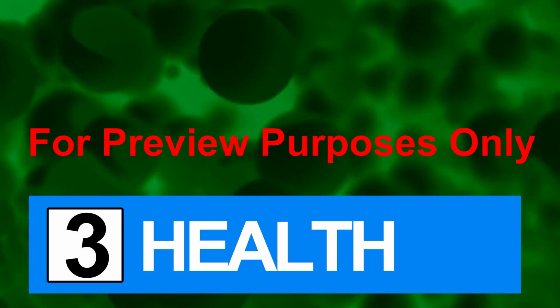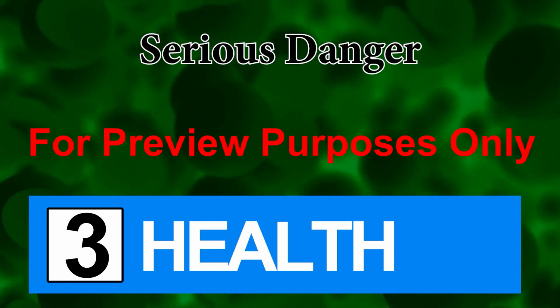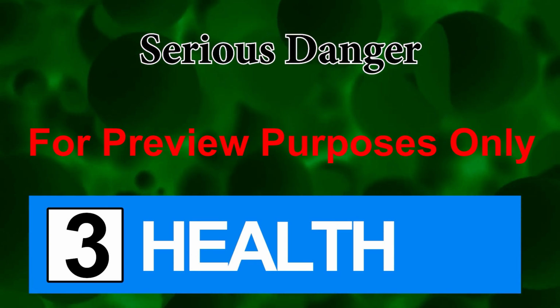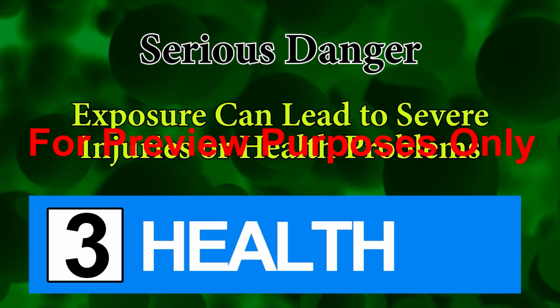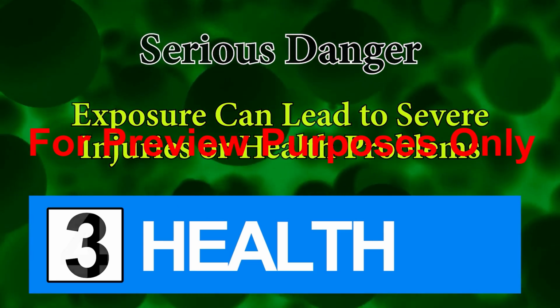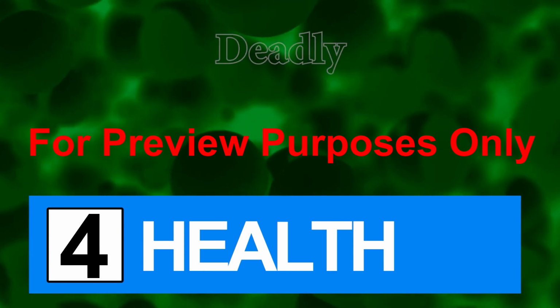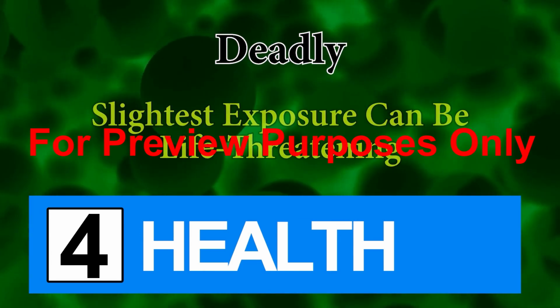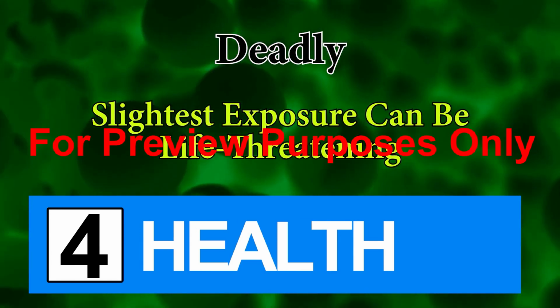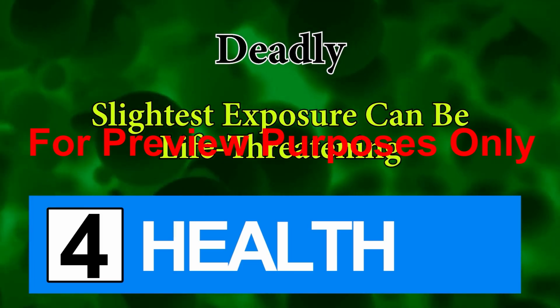You know a substance poses a serious danger when it is labeled with a 3. Being exposed to it could lead to severe injuries or health problems. And Category 4 indicates that a material is deadly, meaning even the slightest exposure to the substance can be life-threatening.